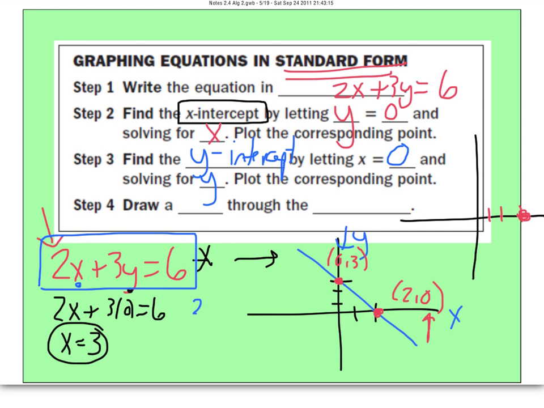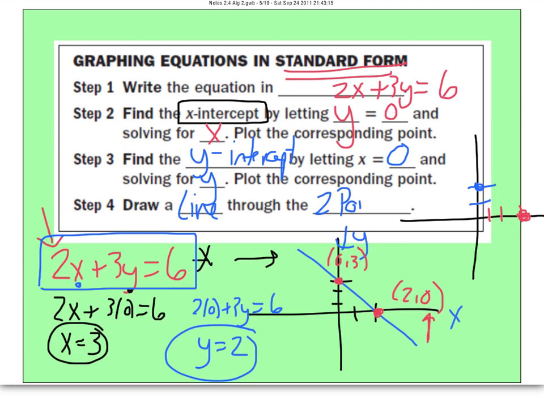So it would be 2 times 0 plus 3y equals 6. If you solve for this, y would be 2. So my y-intercept would be 2. I go to the y-intercept and plot a point. Now all you have to do is draw a line through the 2 points. You do not move the slope movement for this one. This is very different. Connect those points and you'll get the graph.